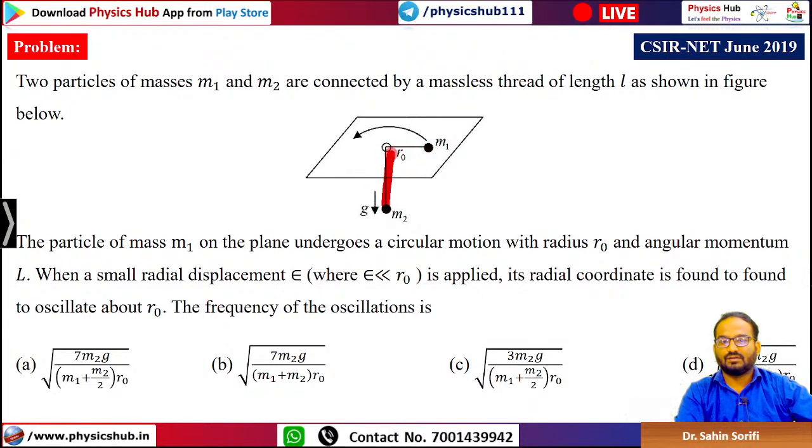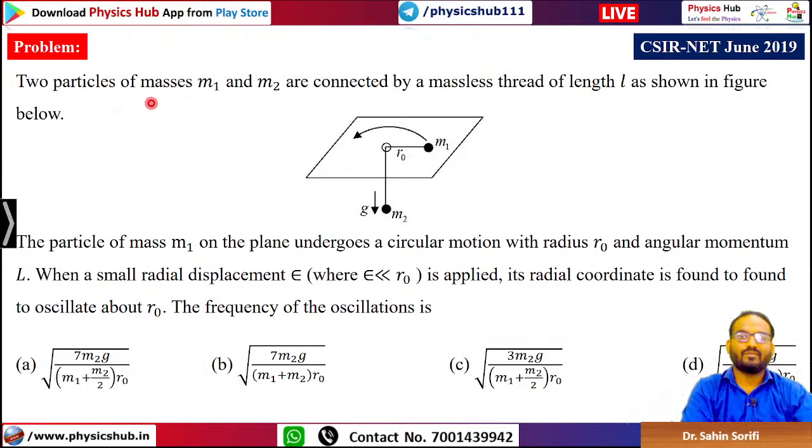This thread has a total length of L, connecting the two masses m1 and m2. If you just keep it this way and do nothing, this mass will be stuck here. But if you take this mass and rotate it, the centrifugal force will take it outward, and because of that this mass will be maintained here. So this is what it is talking about.